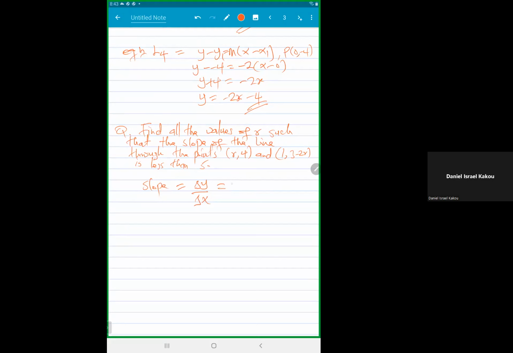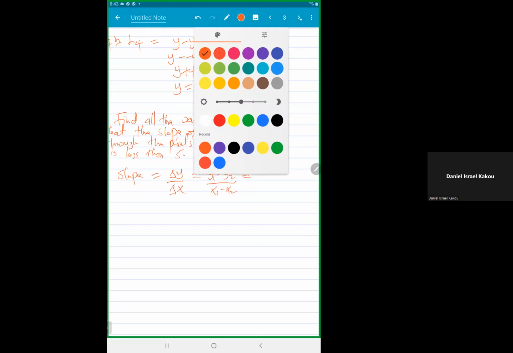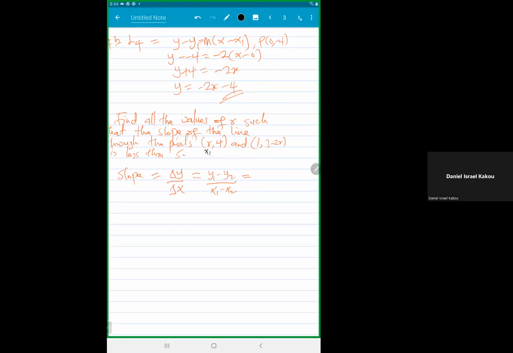And that is actually y1 minus y2, or the other way, s1 minus s2, or the other way. And looking at the 2 points we were given, I'm taking the first one as my s1, y1 and the second point as my s2, y2.